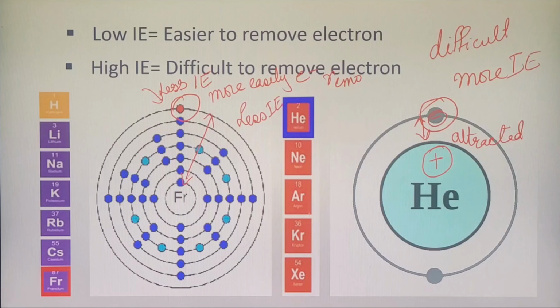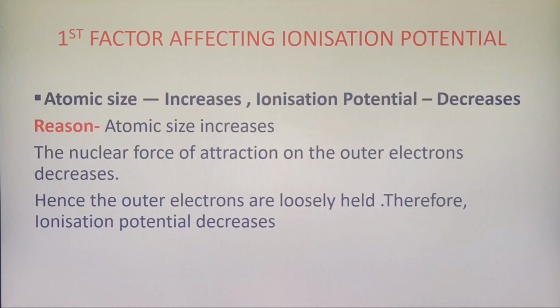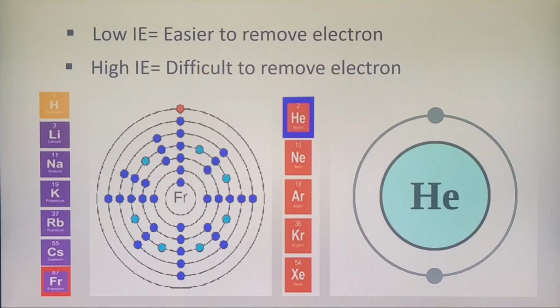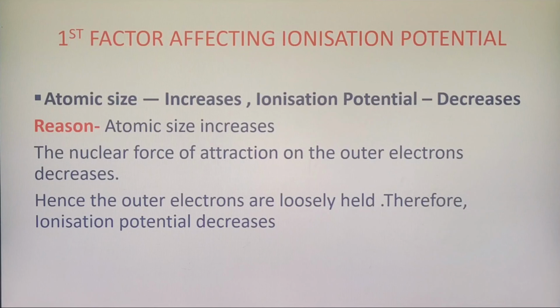So which has got more shells? They will have less ionization energy. Do you remember the sentence? The smaller the atom, the more difficult it will be to remove an electron. More will be the ionization energy. The larger the atom, the more easily I can remove an electron, so less will be the ionization energy.